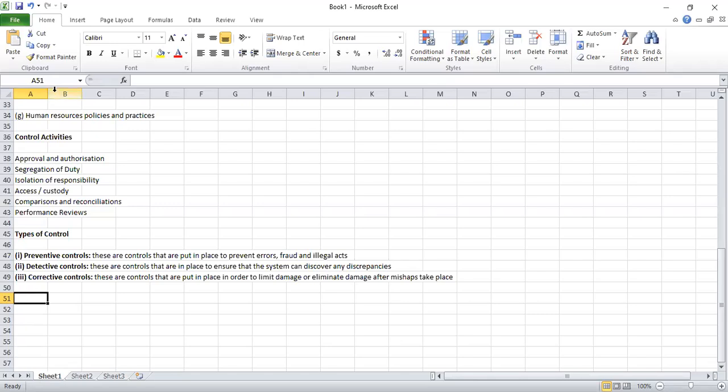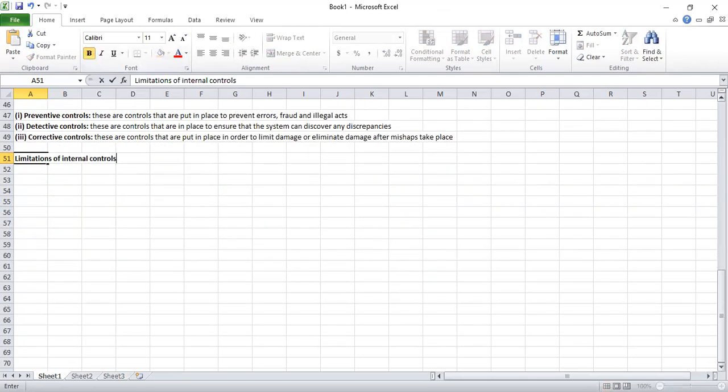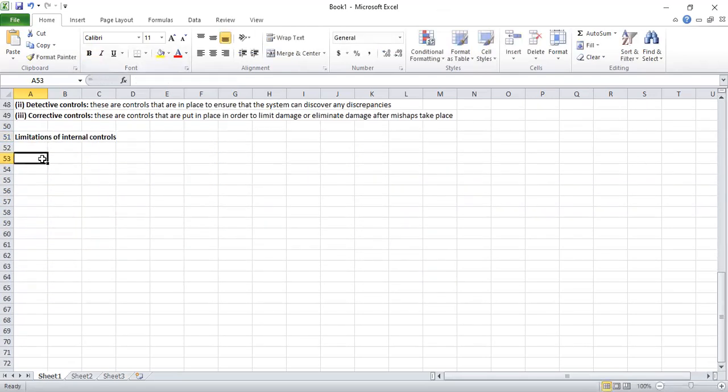Right. Before I go to the automated systems, I'll briefly look at limitations of internal control. Internal controls are very, very important in that they ensure that our operations run smoothly and efficiently, and they guide the organization towards achieving its intended objectives.